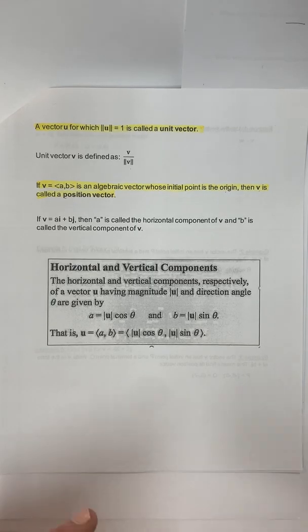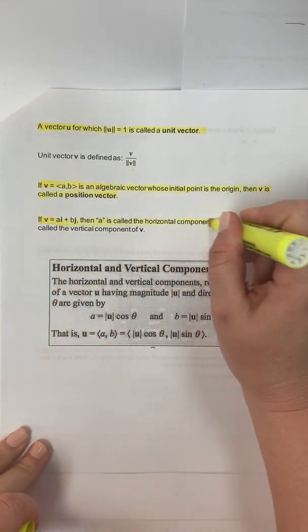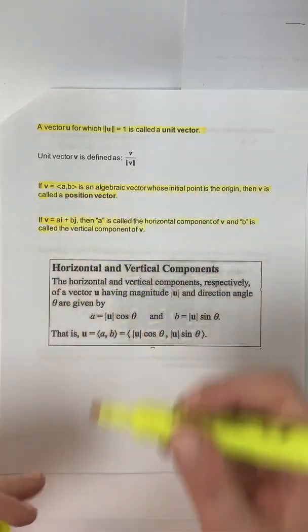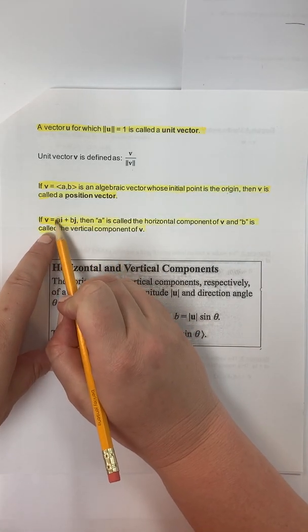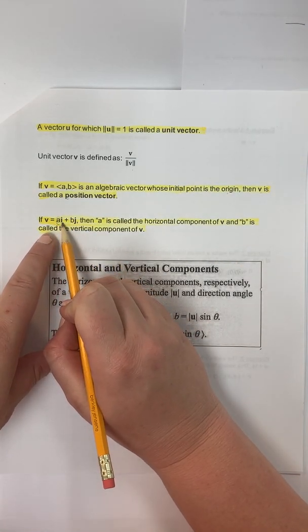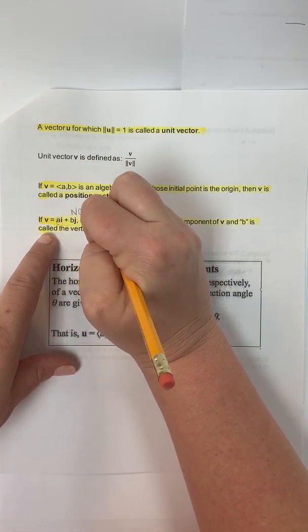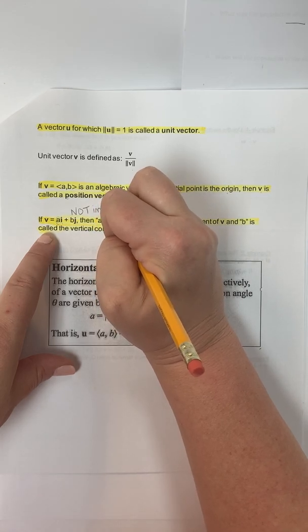And then last but not least, you can also write your vector with horizontal and vertical components. So A would be the horizontal component, and it sits next to I. This is not an imaginary situation. I'm having problems remembering how to spell imaginary. I'm going to put that.